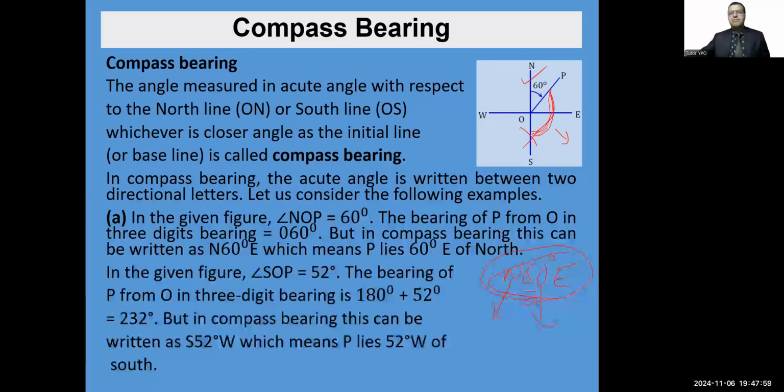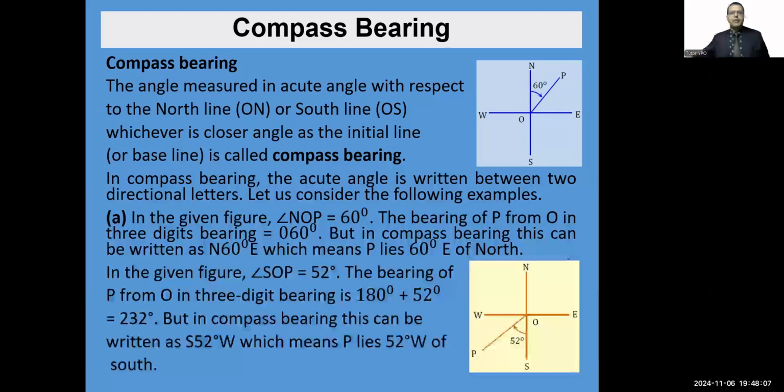Similarly, in this figure, here is a point P. This point P is joined with the center O. Then we think of the angle with the north line and the south line.